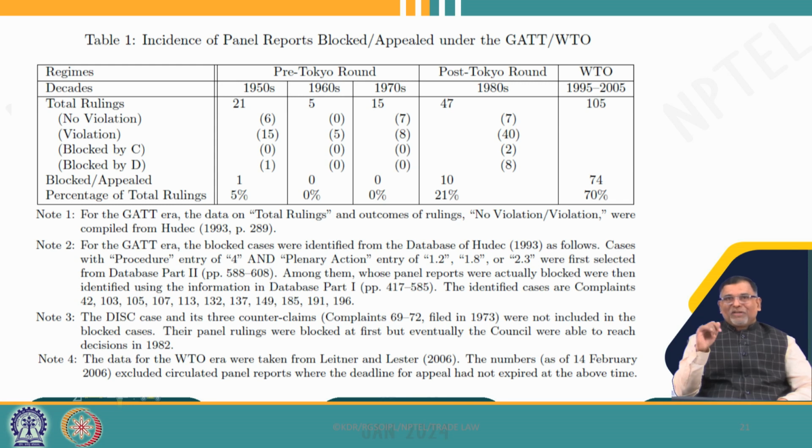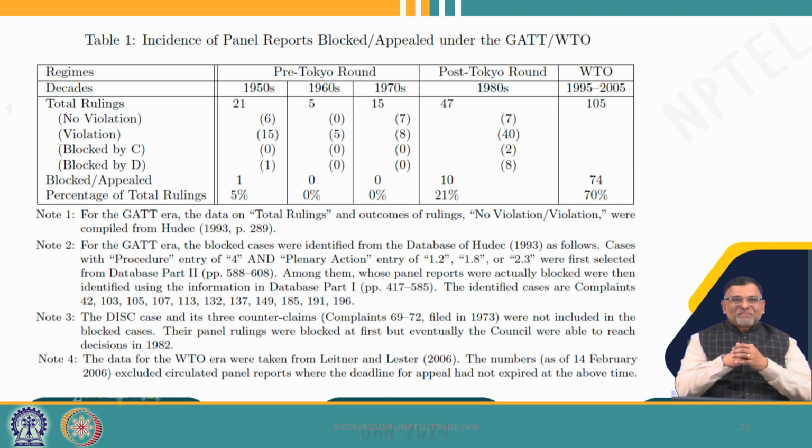So, from 1980 to 1995 there are 47 rulings in total. Now you see the blocking: in the 1950s, 0 blocking; in the 60s, 0 blocking; in the 70s, 0 blocking; and post Tokyo round there are 2 blockings, and 2 plus 8, total 10 blockings.